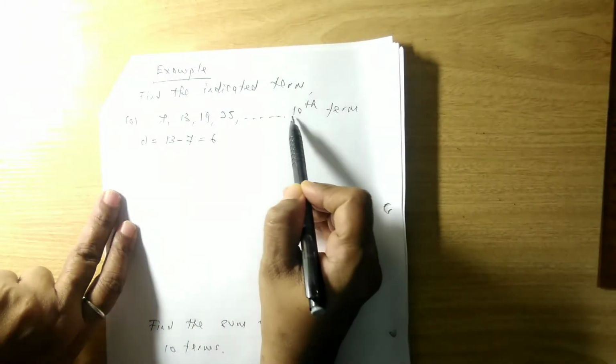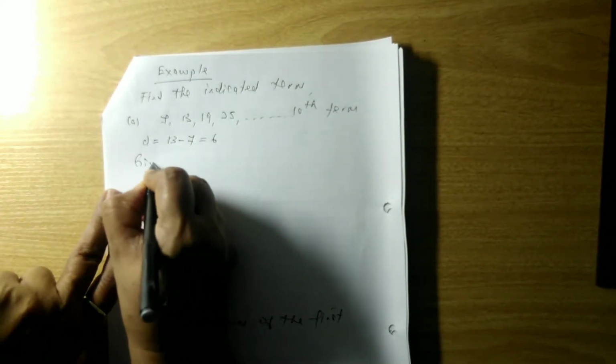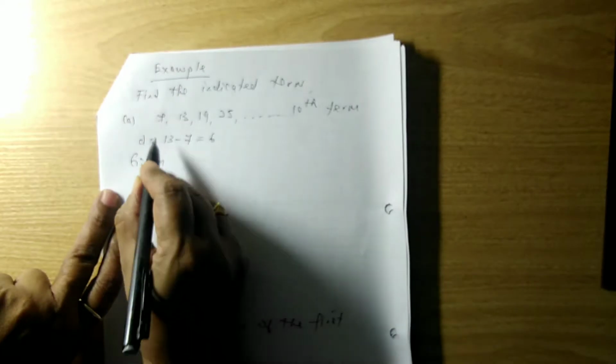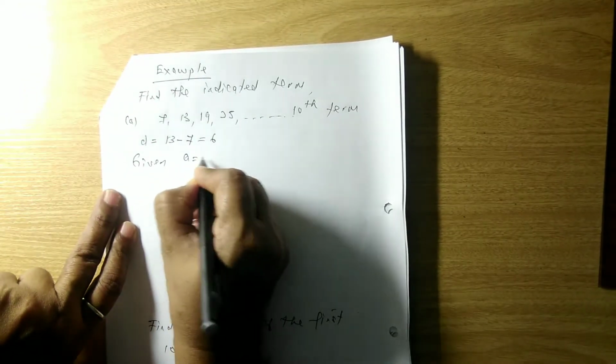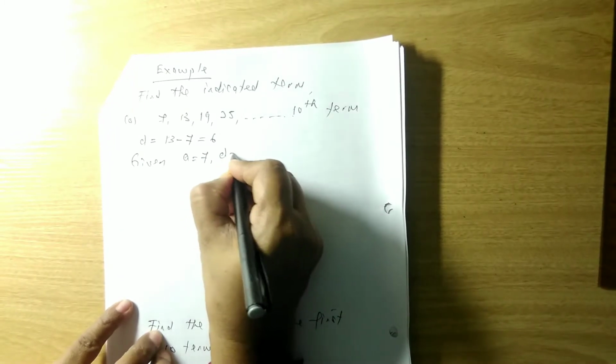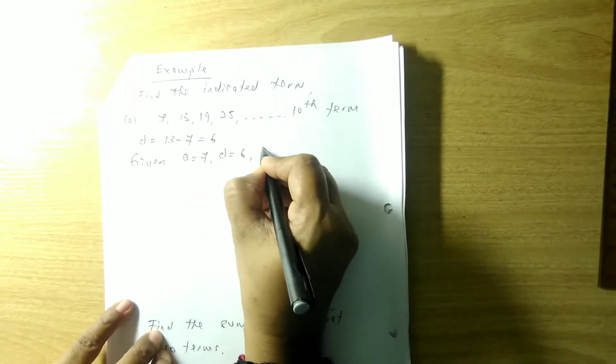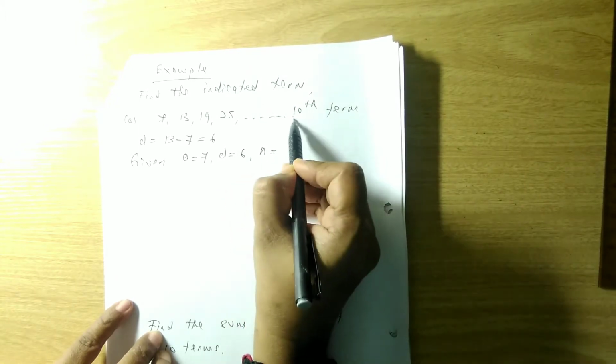Now I'm looking for my 10th term. I know my first term A is 7, my D I just calculated is 6, and the n I'm looking for is 10.